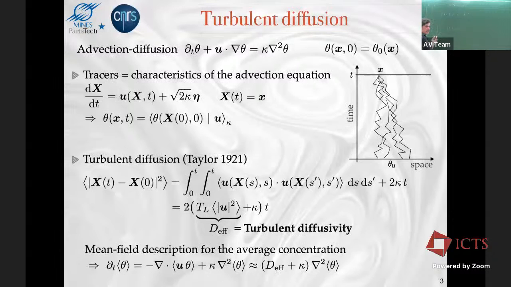Then you can shift the two integrals, and what you get is 2 times the integral from 0 to t of c of tau d tau times the integral from 0 to t of just ds.